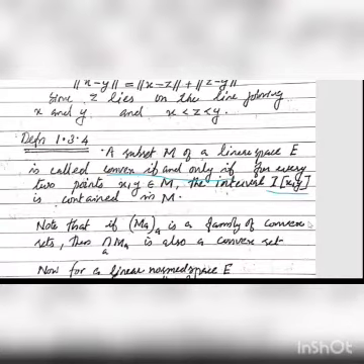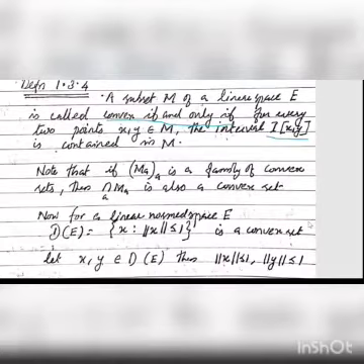The intersection of convex sets is again a convex set. Now for a linear normed space E, we define D of E as the set of all x such that norm of x less than or equal to 1, which is a convex set.